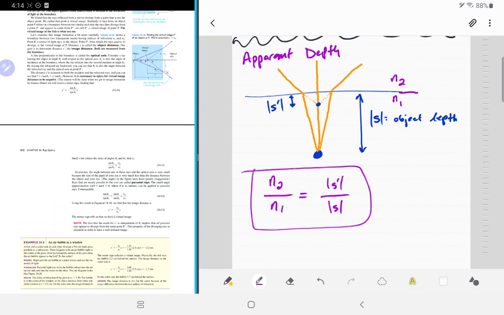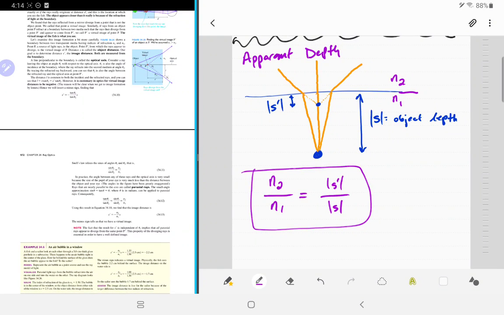Okay, so you might notice this. One common example is a toilet bowl. If you're used to a toilet bowl where the water is filled up all the way, you're used to the toilet bowl looking like it's a certain depth.